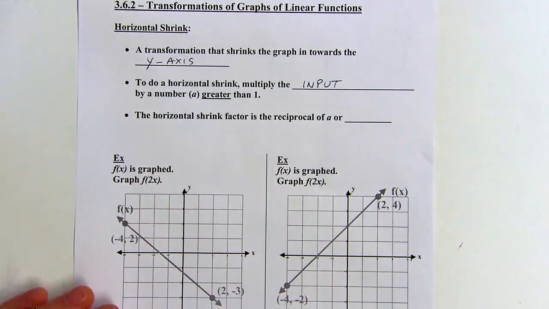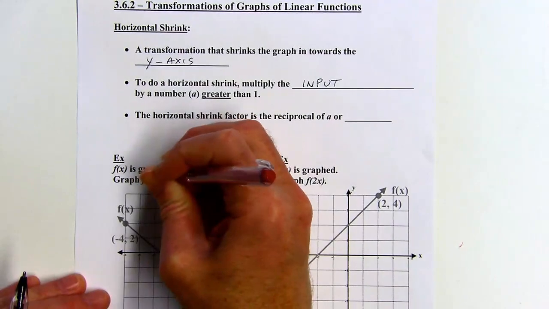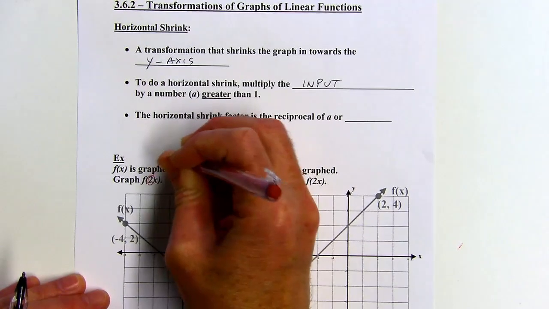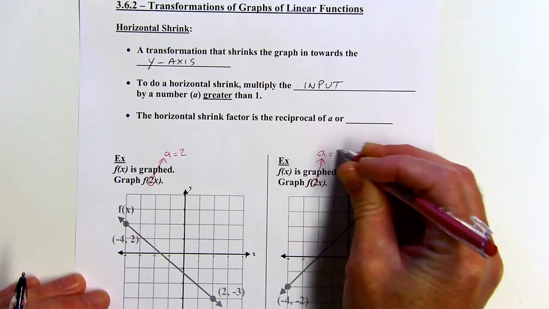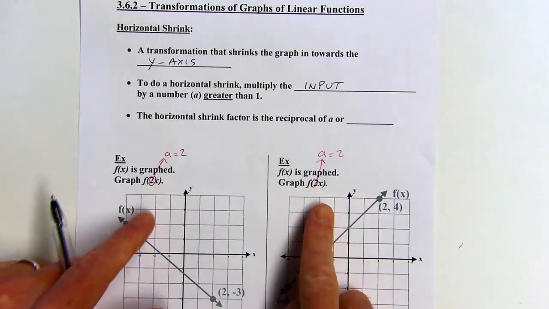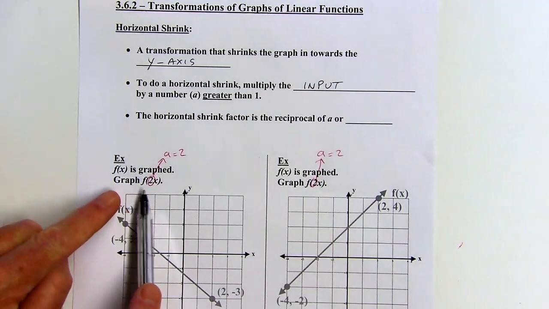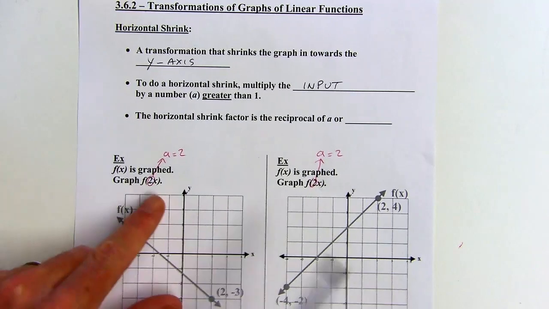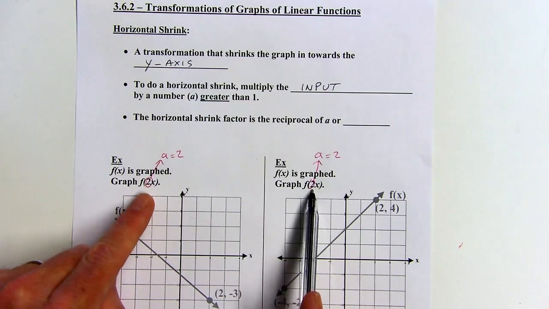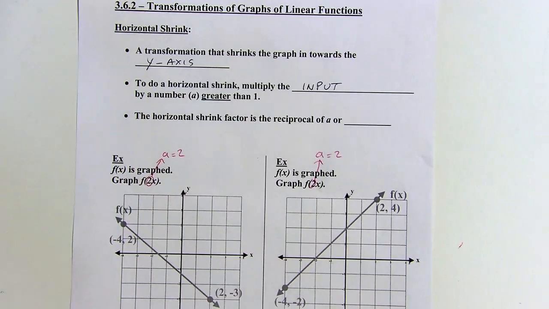In both of these examples, the a value is 2, so we're multiplying the input on both of these by 2. I'm not saying 2 times f of x; this is f of 2x. The input is the x, what's inside the parentheses, and we're multiplying that by 2.